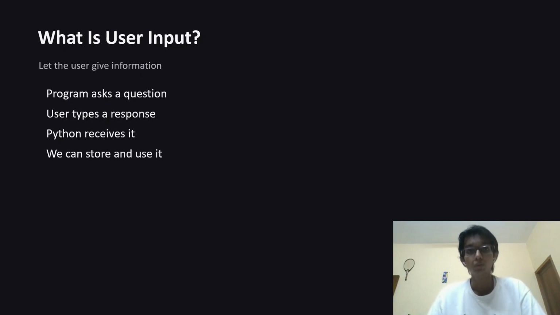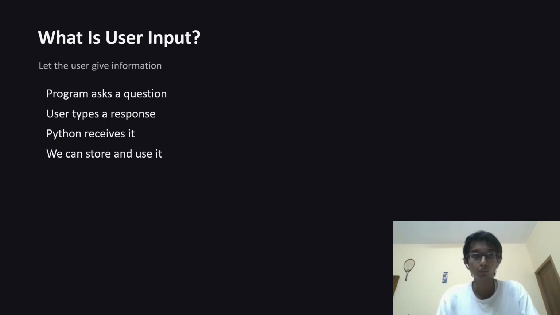So let's start the course with the introduction. First one is, what is user input? User input is when you let the user give information to the program. So that is very much the whole setup of an input function, how user input works.